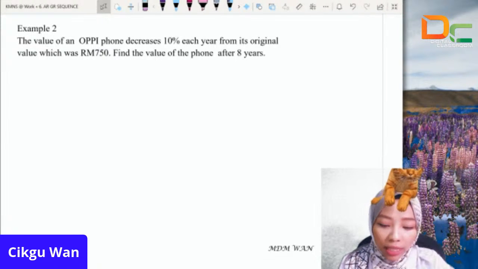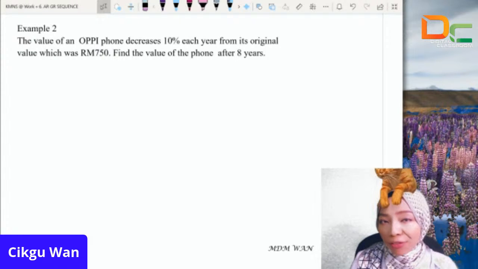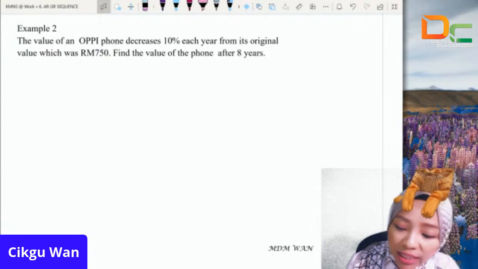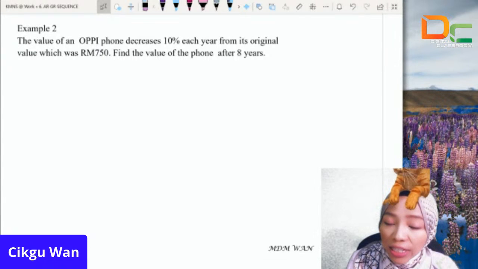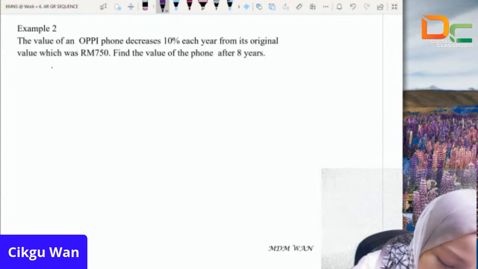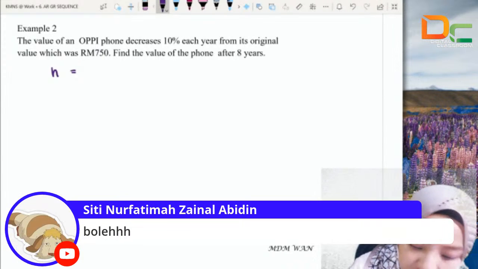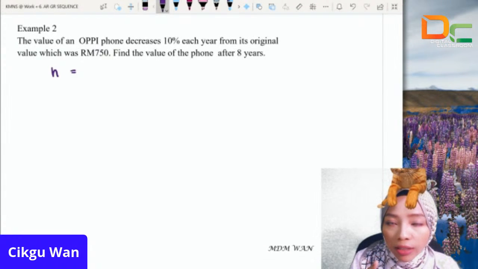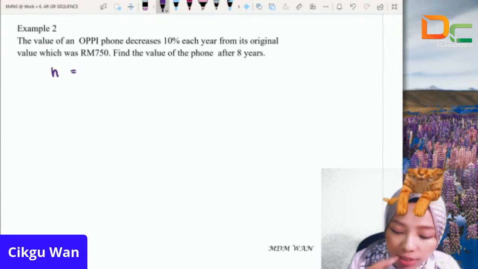Okay, so again, because the question one after 8 years, so our N will be the values after decreasing 10%. Okay, so the N is not 750. Our T1 we're not gonna start with 750 but after penurunan after the decreasing 10% discount.